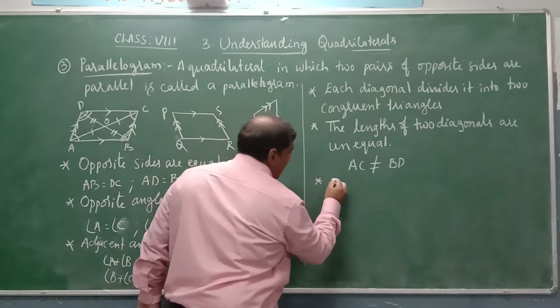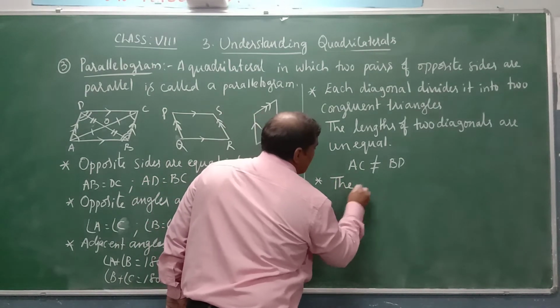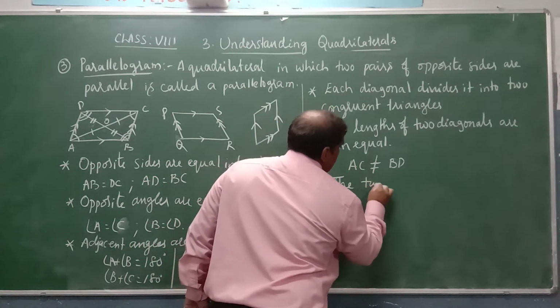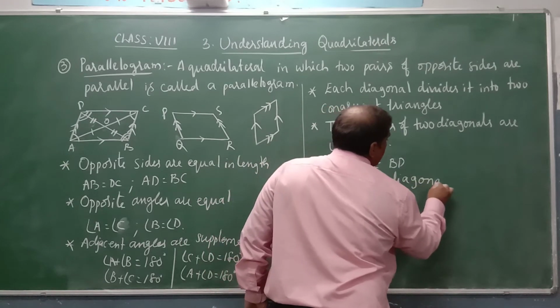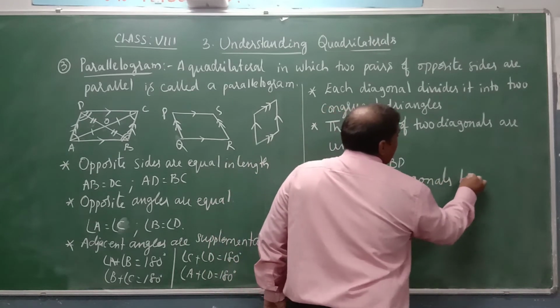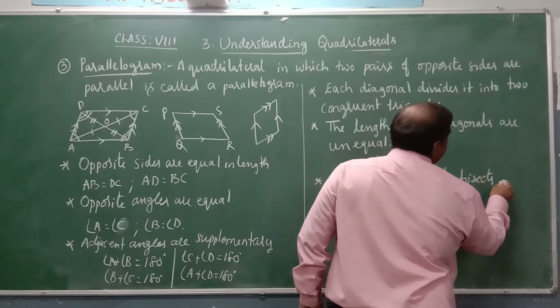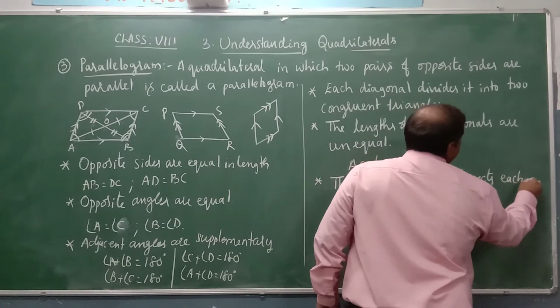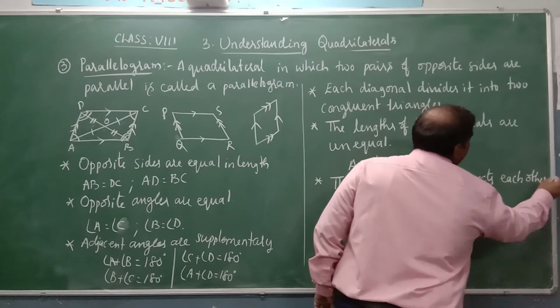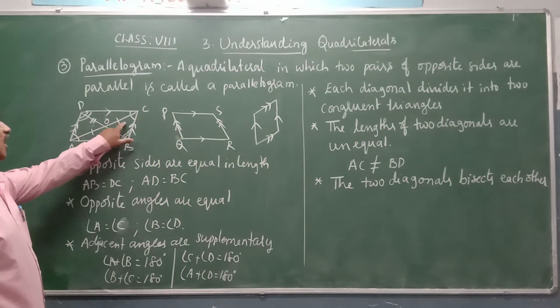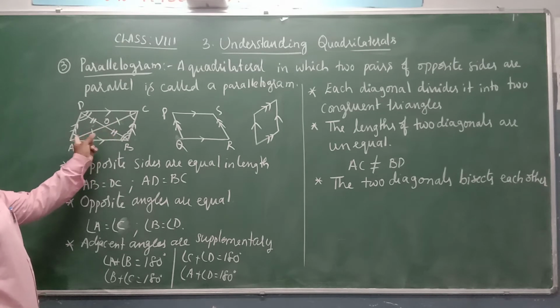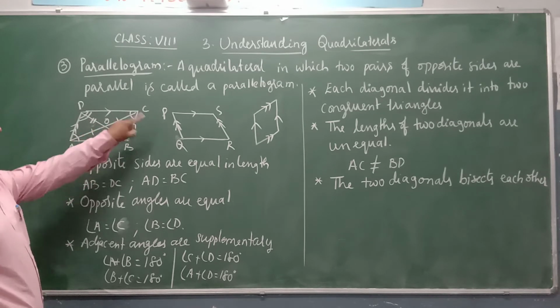Yes. The last property is the two diagonals bisect each other. Bisecting means divided into two equal parts. So the diagonal AC is divided into two equal parts. What are those? OA and OC.